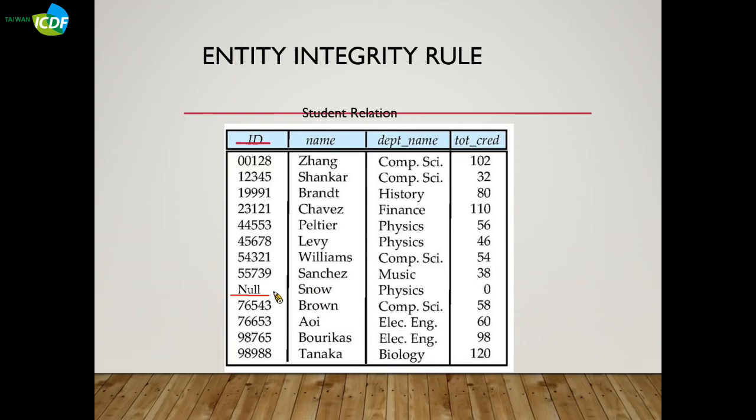Since these tuples cannot be searched by primary key, it also means this student entity does not exist in the table. So if tuples have null values in their primary keys, we say it violates the entity integrity rule.